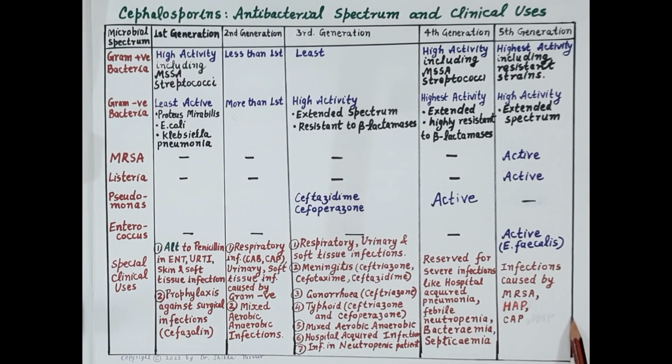Then fifth generation cephalosporin, that is parenteral ceftaroline, is a broad spectrum antibiotic effective against resistant strains. So this is an overview of antibacterial spectrum and clinical uses of cephalosporins.